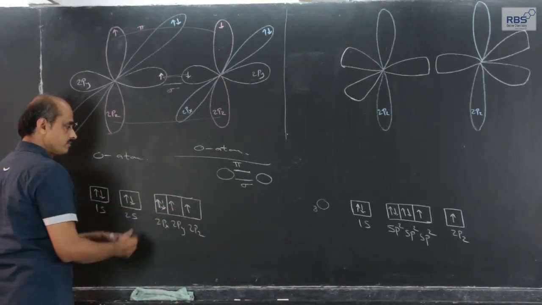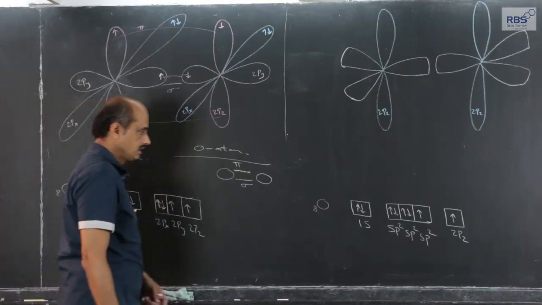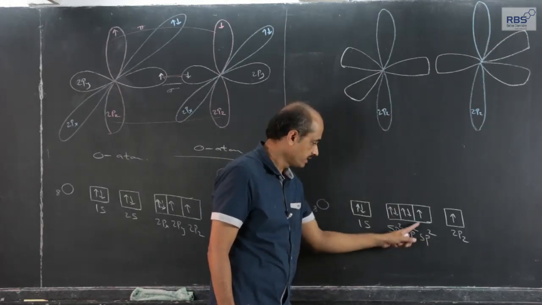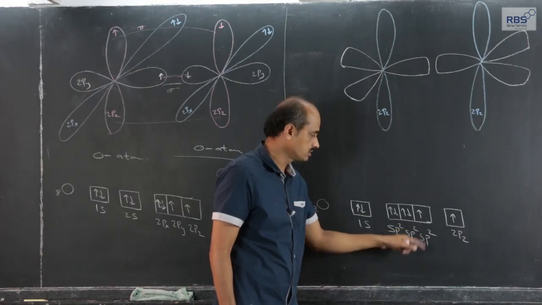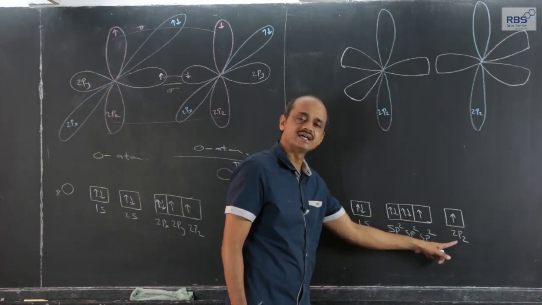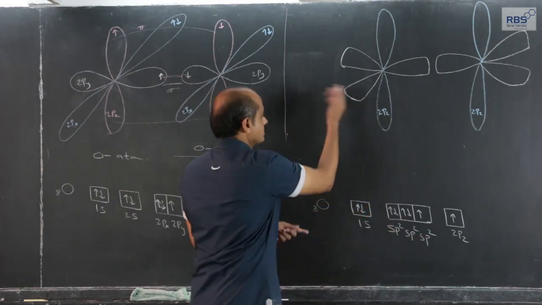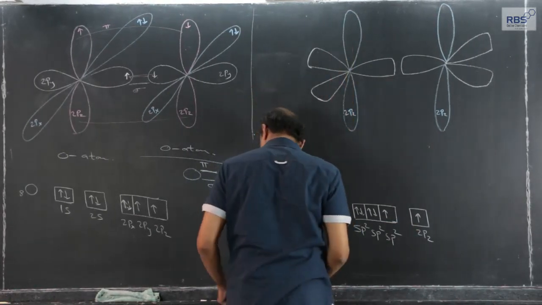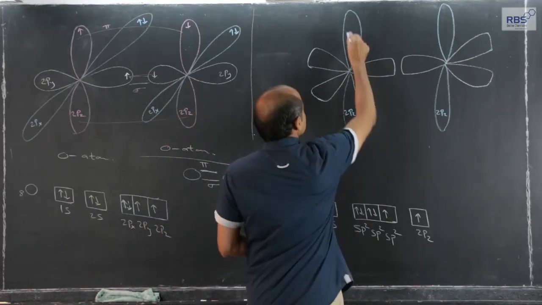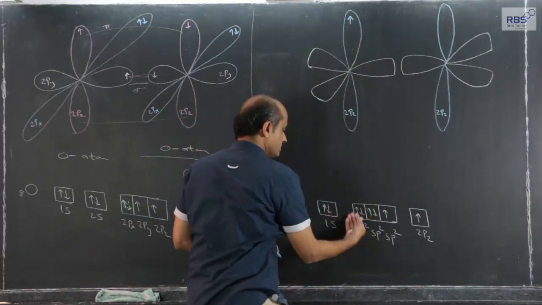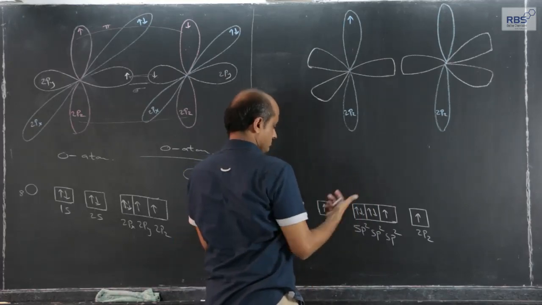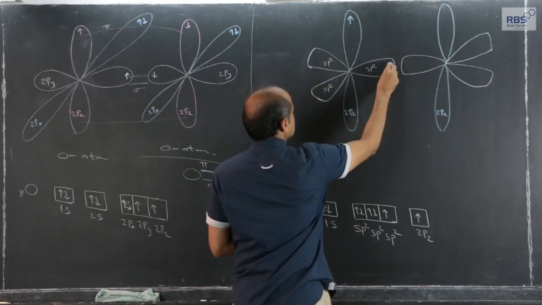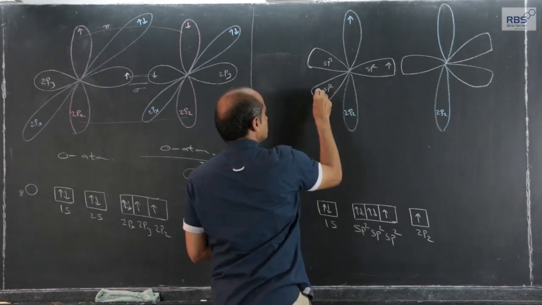They mix up and give rise to 3 hybrid orbitals, and I have shown it here. 2 will contain a lone pair each, and 1 will contain an unpaired electron, and this will be the unhybridized 2pz. 2pz I have shown here, and the remaining 3 which have undergone hybridization are sp2, sp2, sp2. This sp2 will contain an unpaired electron.